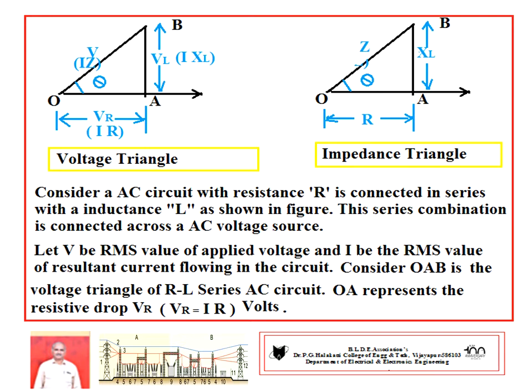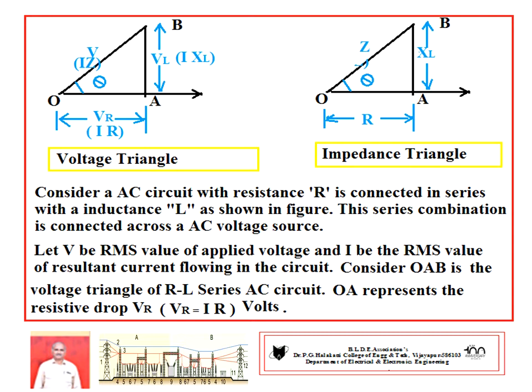In similar fashion, you have to consider the impedance triangle. Due to the resistive drop, capital R, OA is drawn; capital R, AB in similar fashion, is the inductive drop. The inductive drop is due to XL. So the vector sum of VR and VL gives the applied voltage.